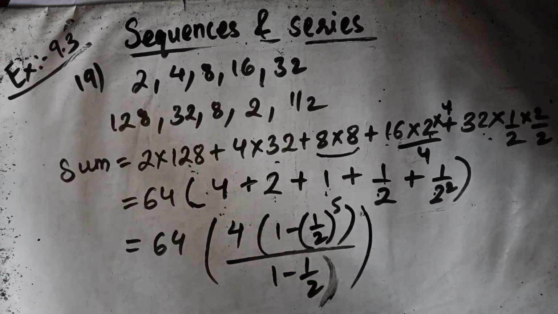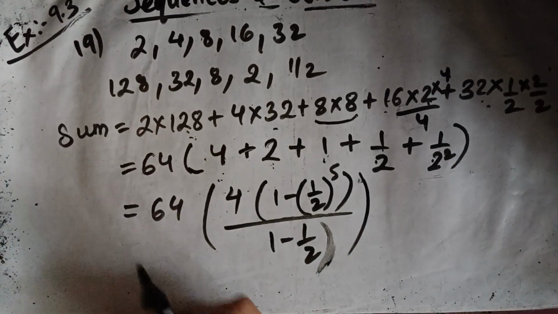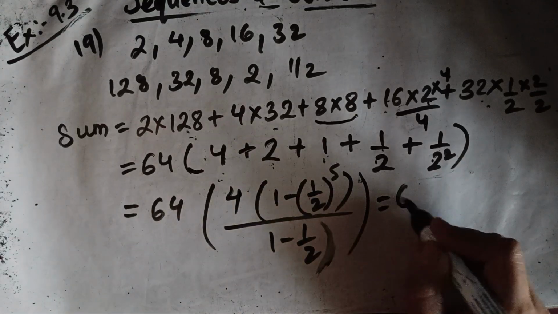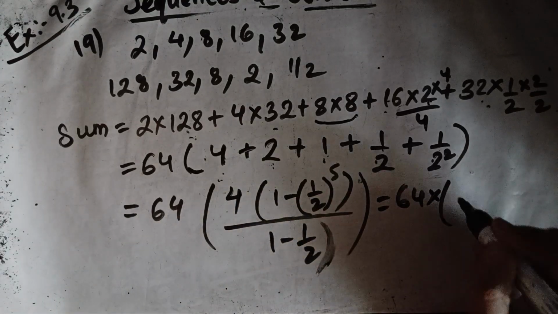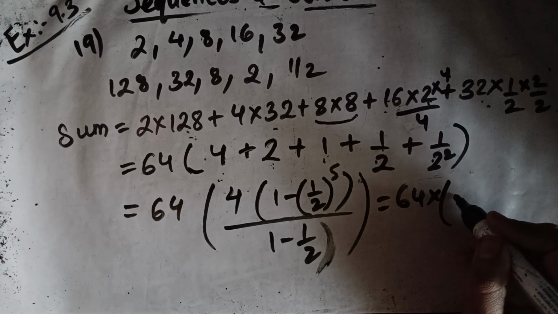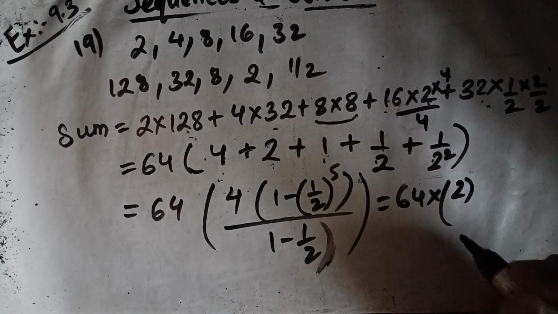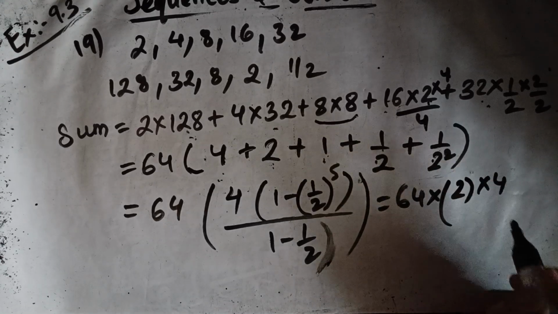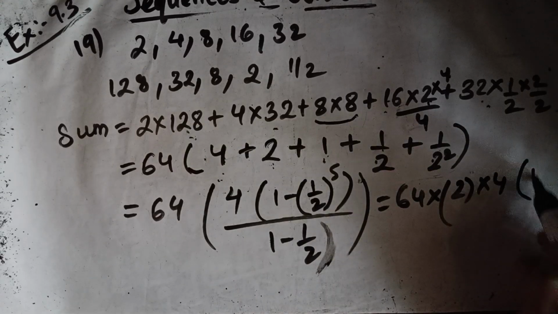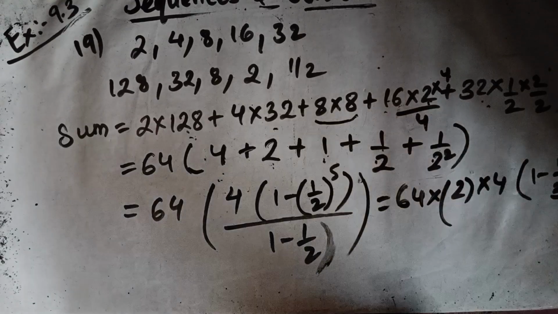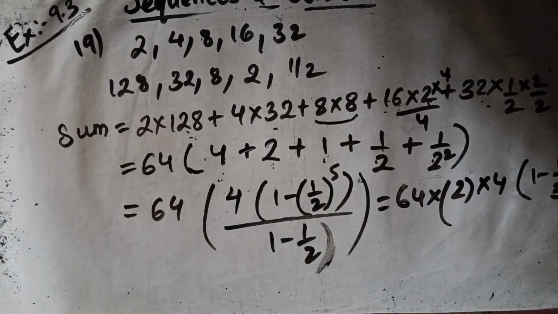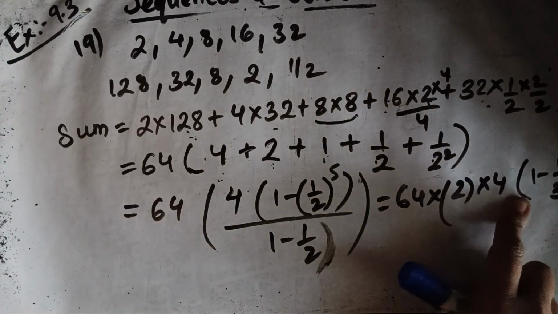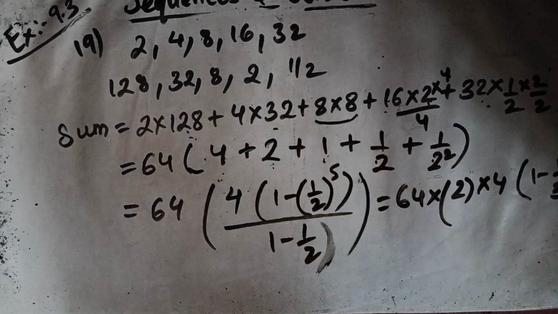Okay. So 1 minus half is half. So into 2 into 4. And this is 1 minus 1 upon 32. 32 minus 1, 31 by 32.